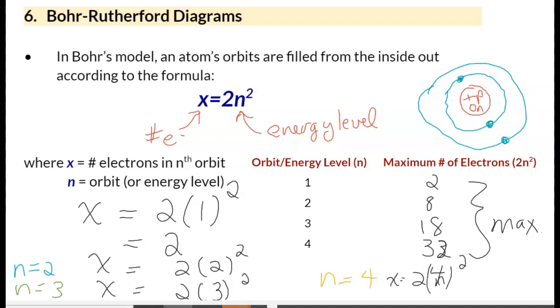And so some of these patterns we'll revisit when we get to grade 12 chemistry in that first unit about quantum mechanics and electron configurations. So hold on to that for now, but we're going to press pause on that and just remind you about the basics of Bohr-Rutherford diagrams. All right, so moving on.